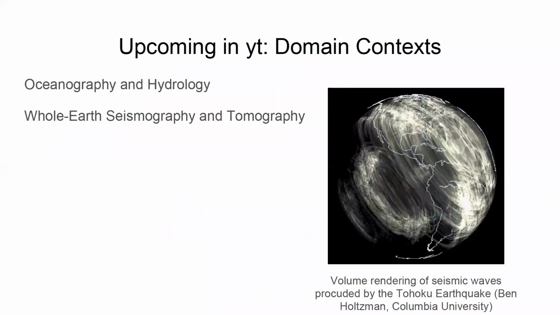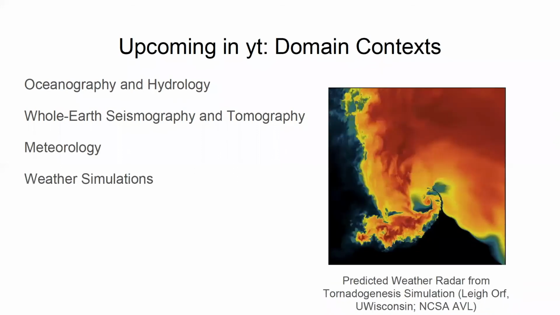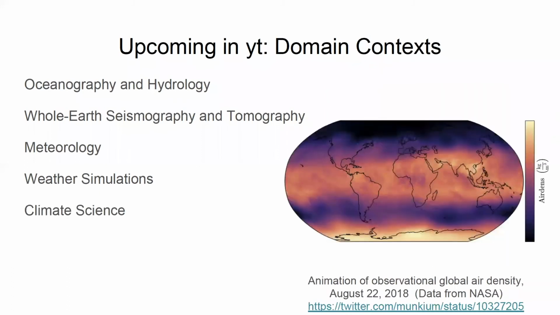This is an image of the Tohoku earthquake, the waves that were propagated through the earth. Meteorology, also not just observational weather, but weather simulation data. This is an example of the genesis of a tornado. And lastly, climate science.